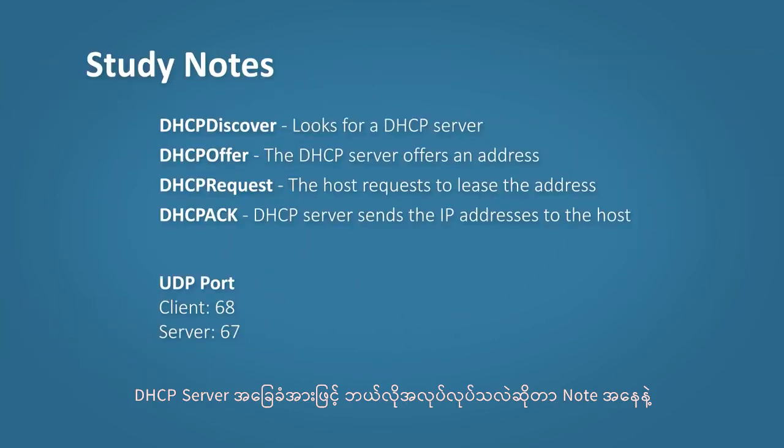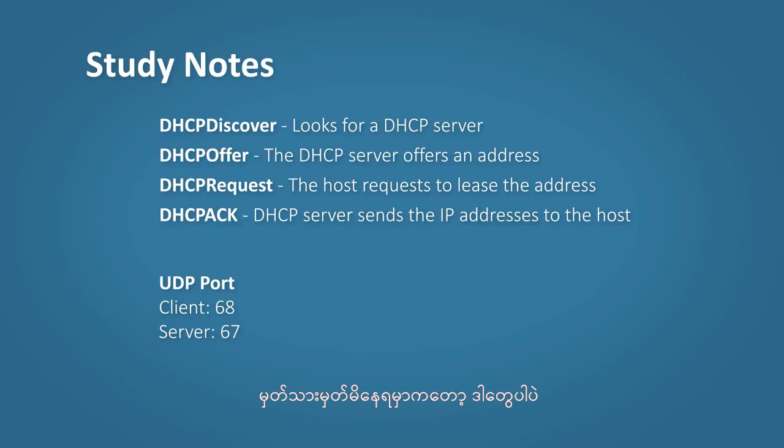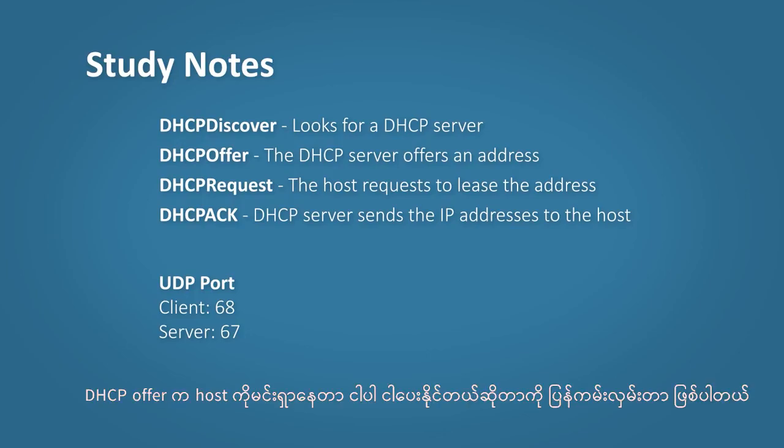Okay, so study notes. The most important thing to remember here is this is a general overview of how DHCP works. Different vendors and different DHCP settings and scenarios can slightly change these specifics, but the overall concept remains the same. So the 4 steps. DHCP Discover looks for a DHCP server. DHCP Offer.